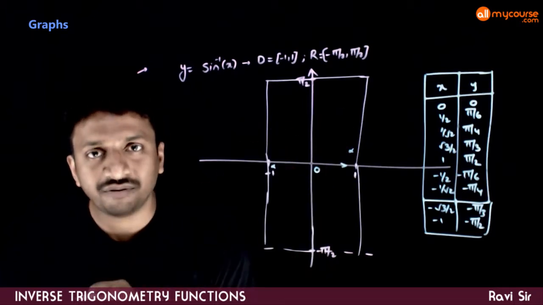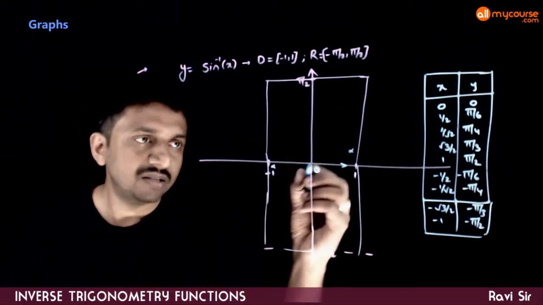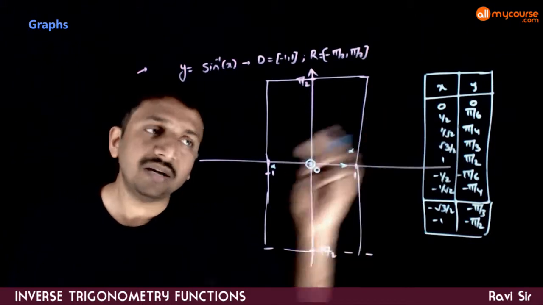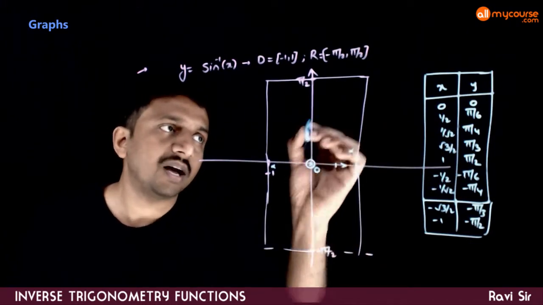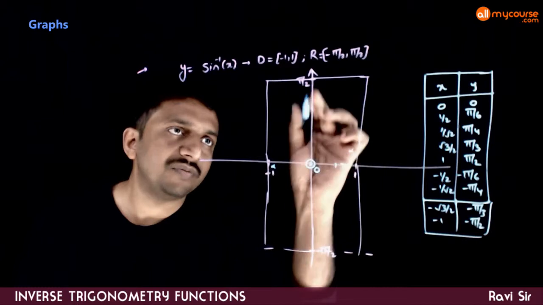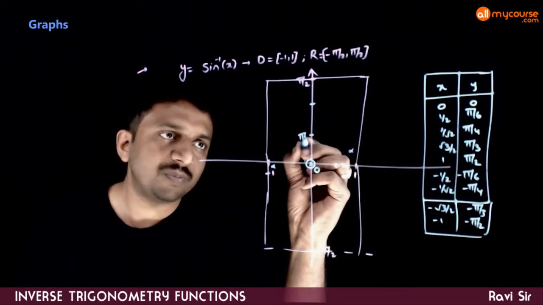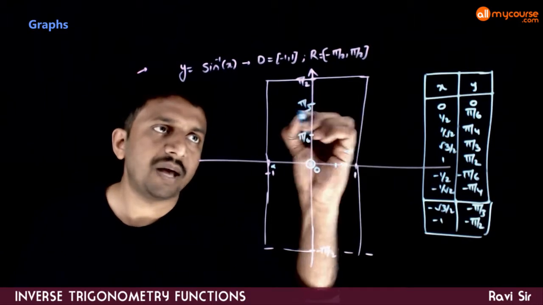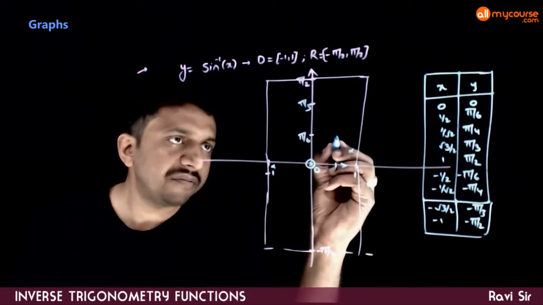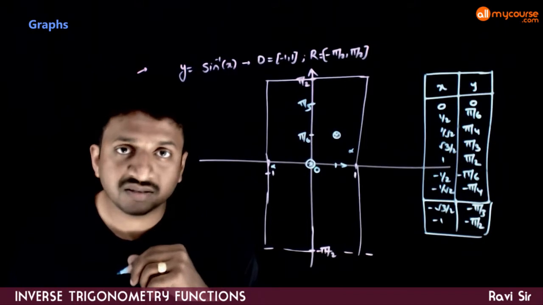So let us plot all these points and join them with a smooth curve. You should get the graph of sine inverse x. So 0, 0, that's one point. Half, π/6. So if this is π/2, you need to divide this into 3 parts. This is π/6, π/3. So half corresponds to π/6.